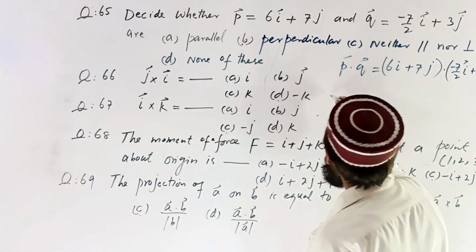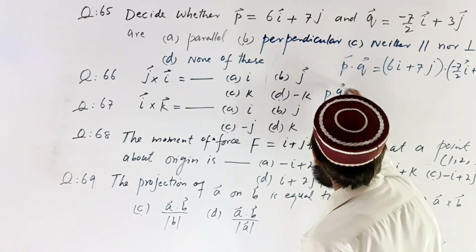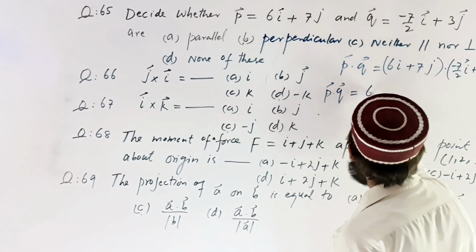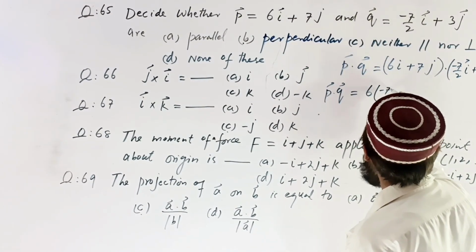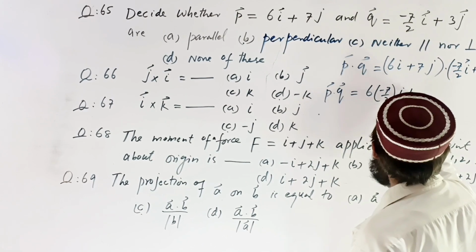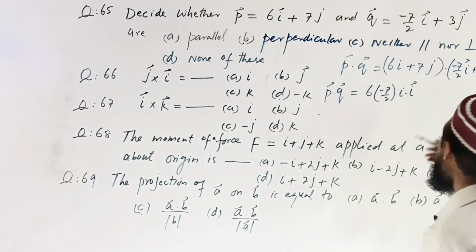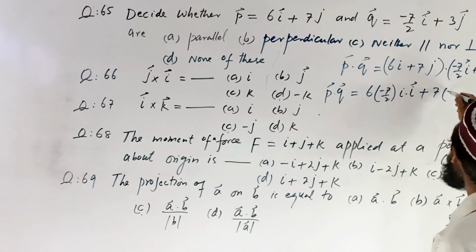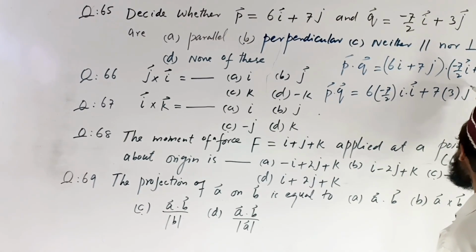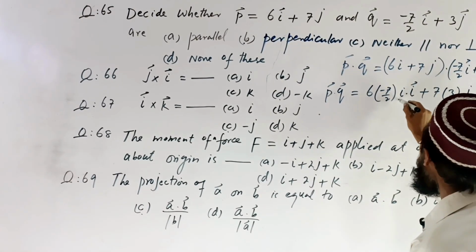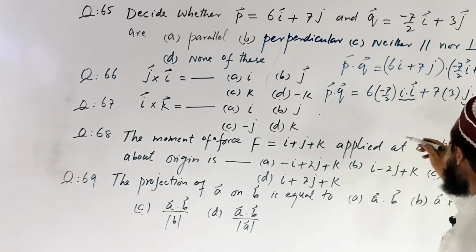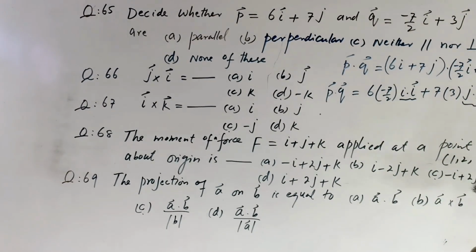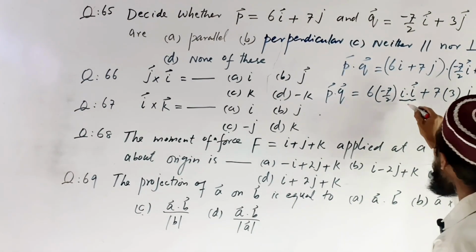If we multiply P dot Q, we get 6 multiplied by minus 7 divided by 2, times i dot i, and i dot j is equal to 0. Similarly, plus 7 multiplied by 3, times j dot j. So i dot i and j dot j are equal to 1. Here the result is 1, both are equal to 1.